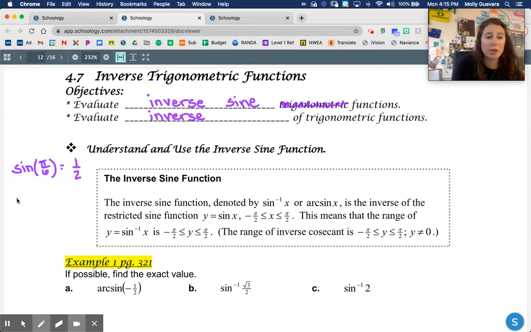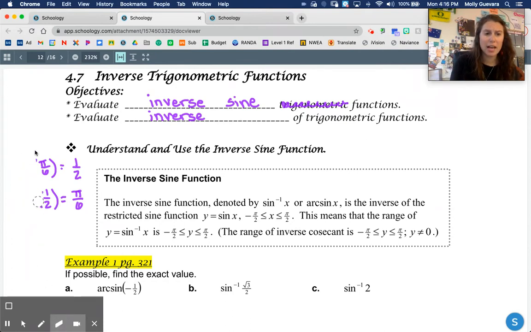So we denote it with this -1 or with arc sine. Sometimes you'll see arc sine. And this is just saying what angle has a sine value of 1/2, positive 1/2. So you're just thinking about it opposite, saying what angle gives me a sine value of 1/2? And that angle is pi over 6. So just going the opposite way.